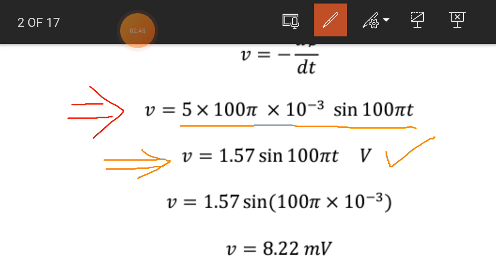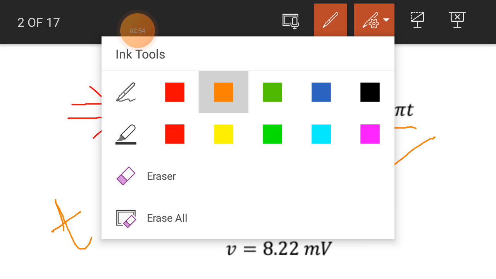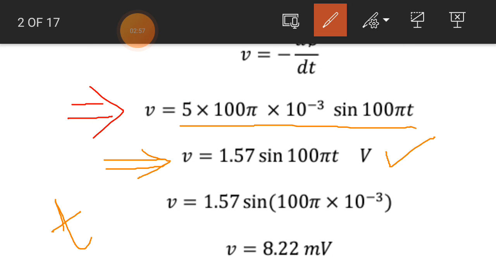We need to put the value of t on the right hand side of this equation, and you know that t is 10 raised to power minus 3. So the time is 10 raised to power minus 3.